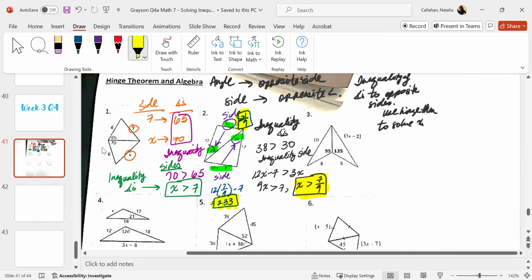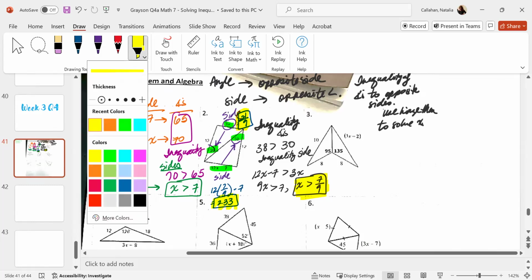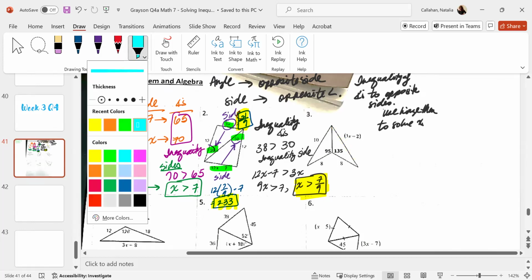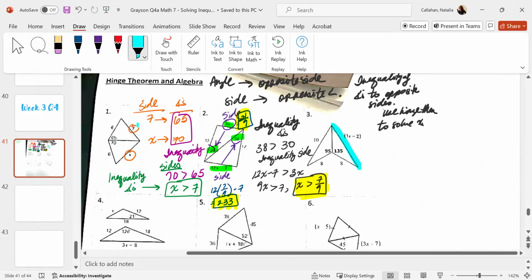Number 3. Where's the x? Highlight the part that has the x. Is it a side or is it an angle? Take a highlighter. Let's see, it's sides. Good. Now you need to find an angle, right?